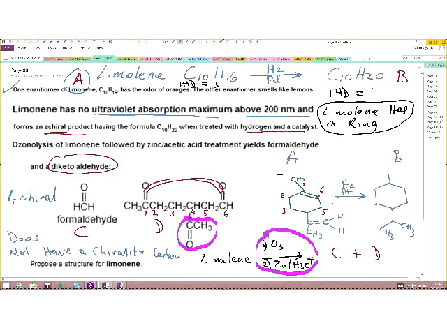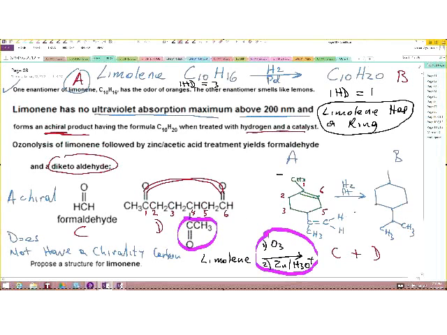Look at the product that we have here. Does it have a chirality center? A chirality center, by the way, is that carbon atom or that atom that is attached to 4 different groups or 4 different atoms.